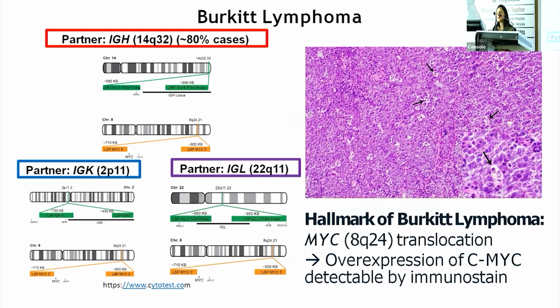What happens is the MYC gene itself doesn't really alter, but the enhancer part of the heavy chain comes near, and it makes MYC express more. MYC is a proliferation marker, so if it expresses more, there is more proliferation, more tumor, and that's how it works.